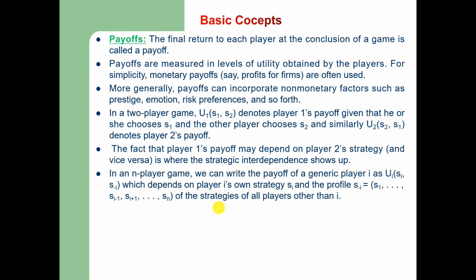In an n-player game, we can write the payoff of a generic player i, or ith player, as Ui(si, s-i), which depends on player i's own strategy and the profile s-i, that is equal to (s1, up to si-1, si+1, up to sn).